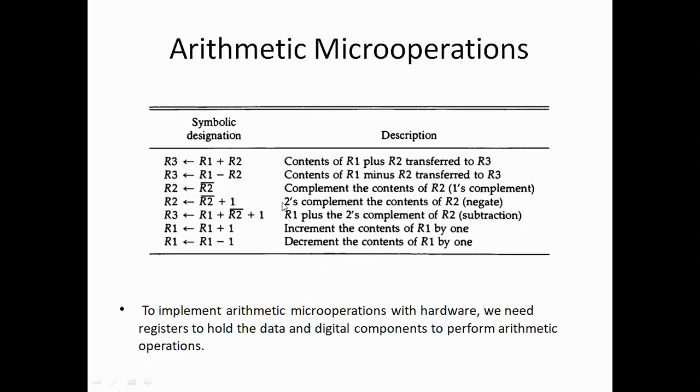When we perform these operations, we obviously need certain hardware, where we have registers that will hold the data, and we have digital components which will do the arithmetic operations.